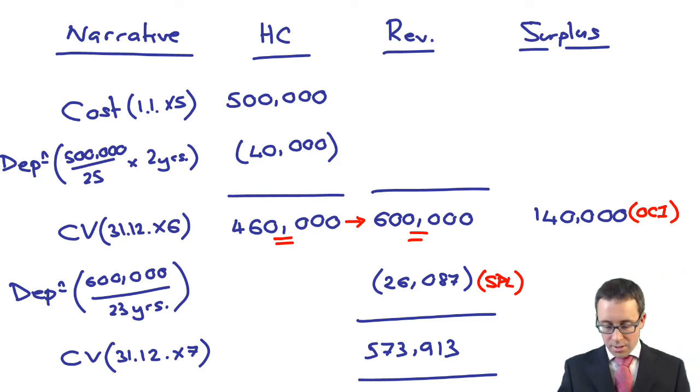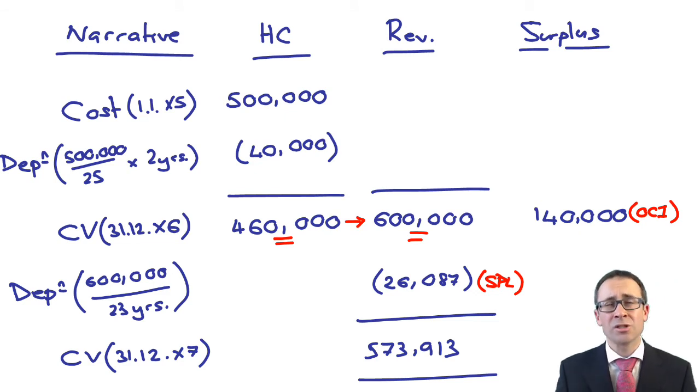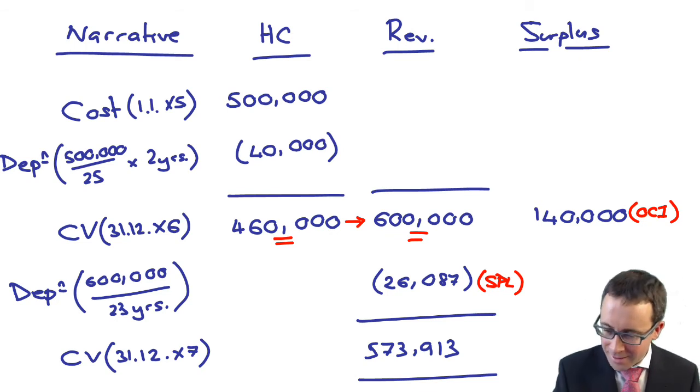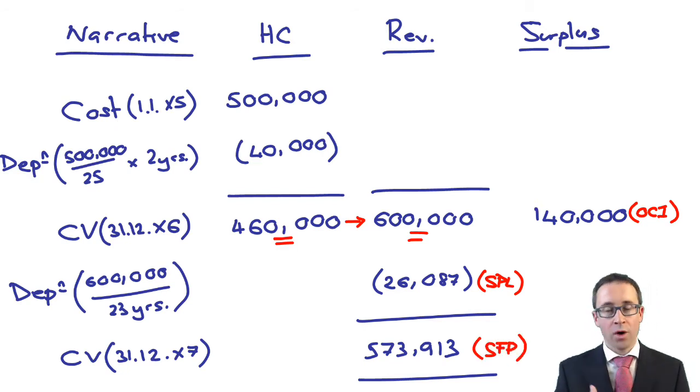Looks about right. 600,000 less 26,087. 573,913. That's the first time in a long time I've ever done something such a large number in mental arithmetic and actually got it right. So well done me for a change. There we go. Key bit is that is the figure that appears on the SFP as your non-current asset.